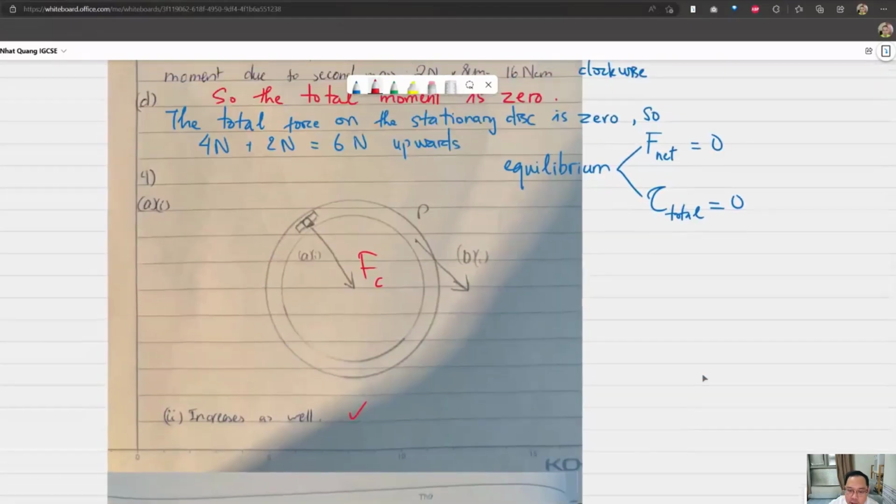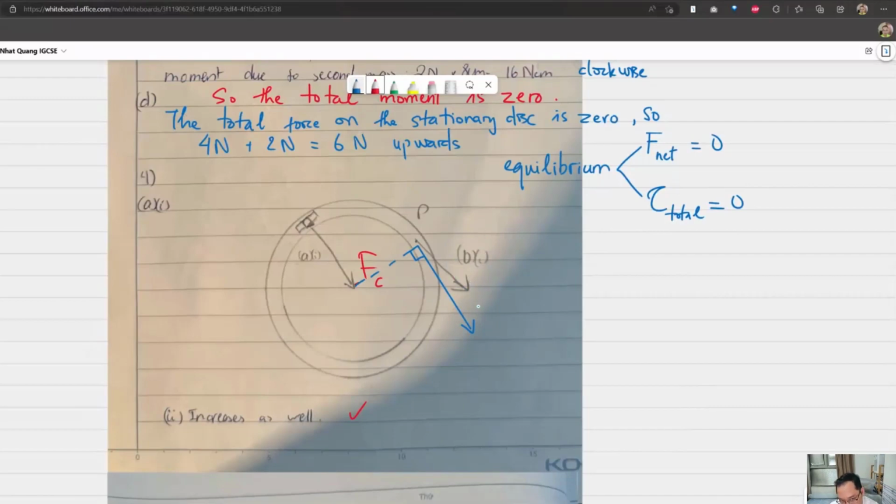Okay, here. The point is that the direction of movement must be tangent to the circle, which means perpendicular to the radius there. You need to draw an arrow so that it is perpendicular to this radius. Okay, so this vector that you drew was not very accurate.